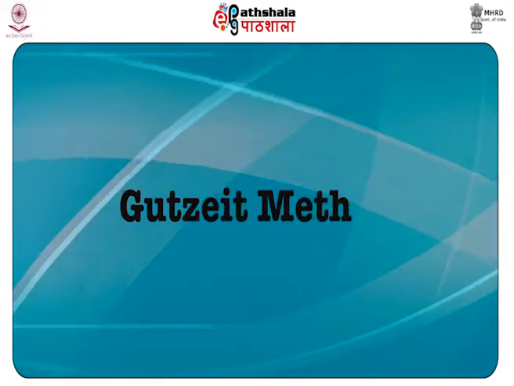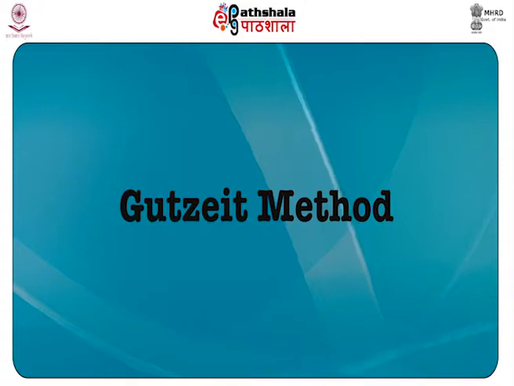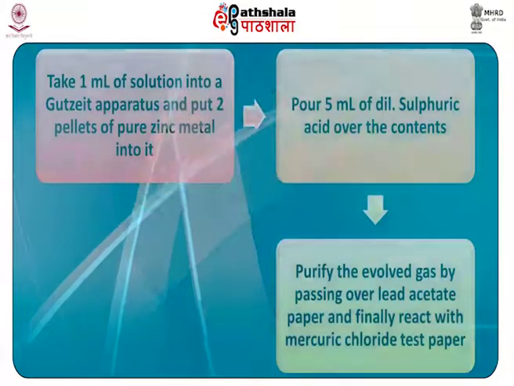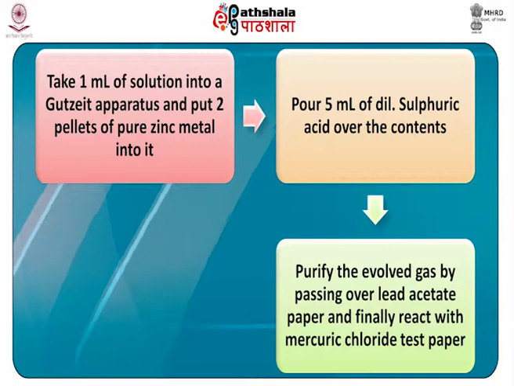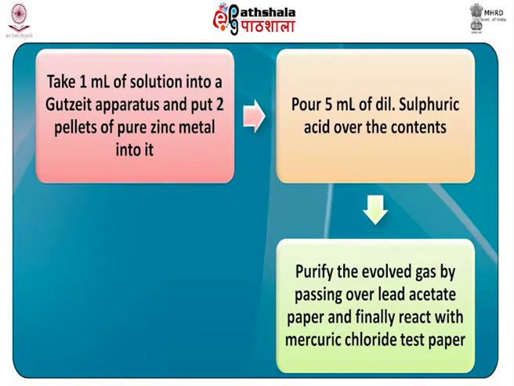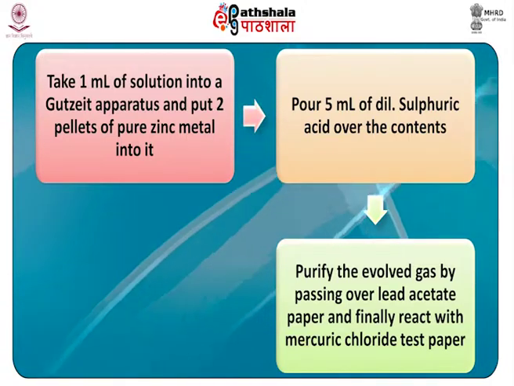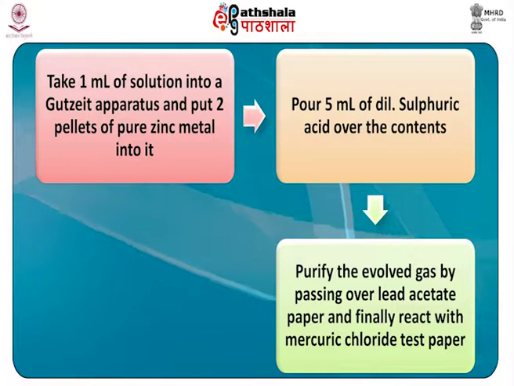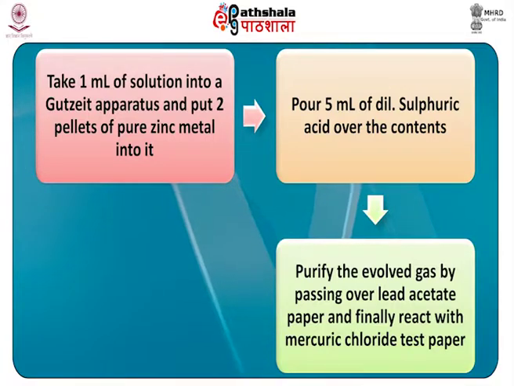Next is the UGC method. The solution obtained from the wet digestion process is tested by this method. 1 ml of the solution is taken into a UGC apparatus. 2 pellets of pure zinc metal are put into it. 5 ml of dilute sulfuric acid is poured over the contents.